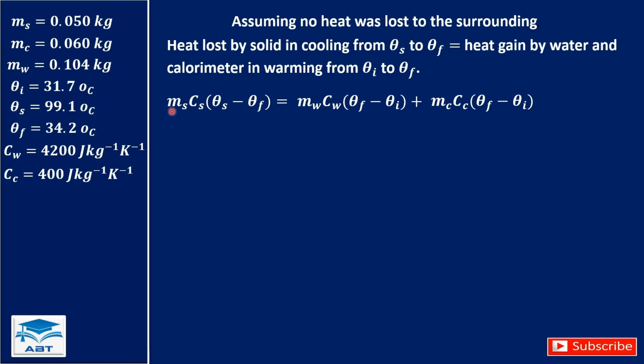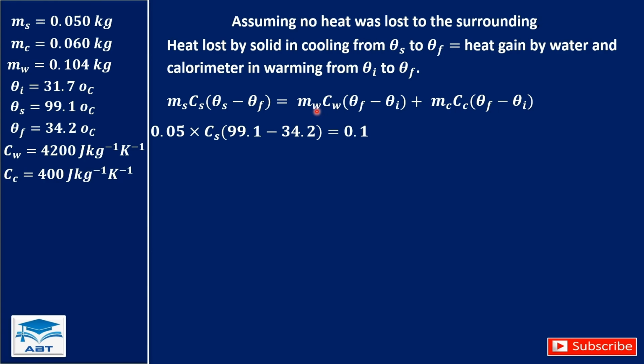And we know the mass of the solid to be 0.050. Specific heat capacity of solid is what we are looking for, and we know the temperature of the solid and the final temperature, so we fix them. So we have 0.05 times specific heat capacity of solid, which we are looking for, times the temperature of the solid is 99.1 degrees Celsius minus the final temperature of the water, which is 34.2 degrees Celsius.